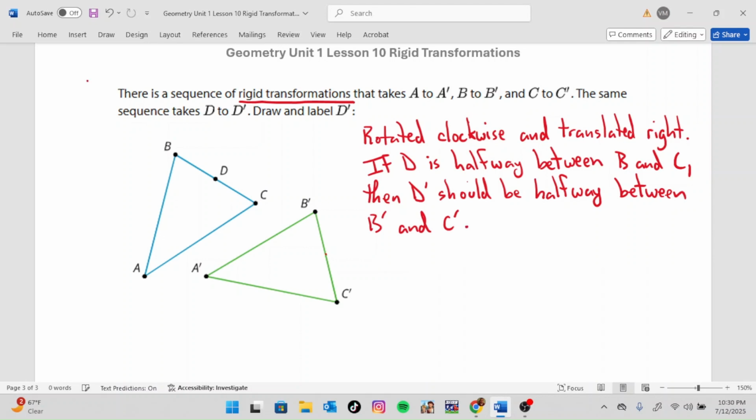So we can simply draw that point halfway between B prime and C prime and label it as D prime.